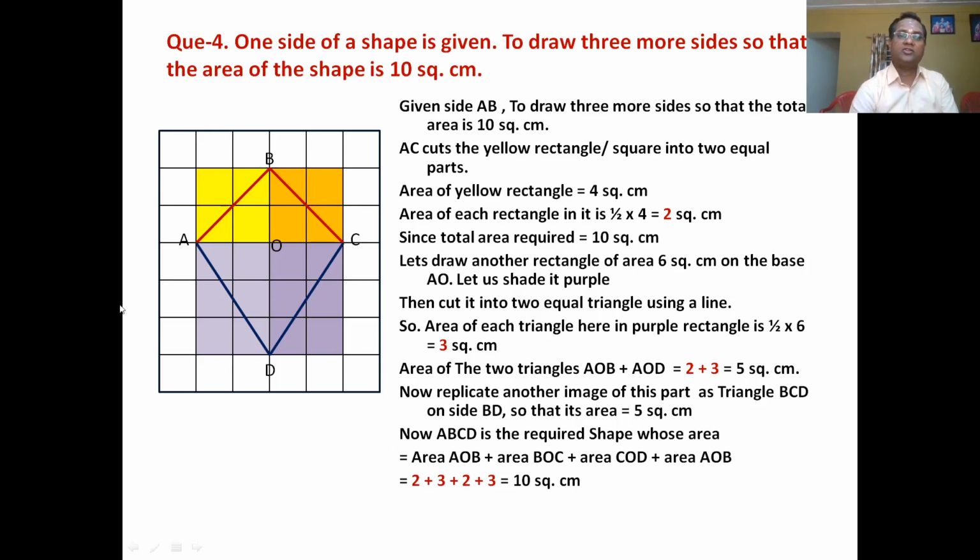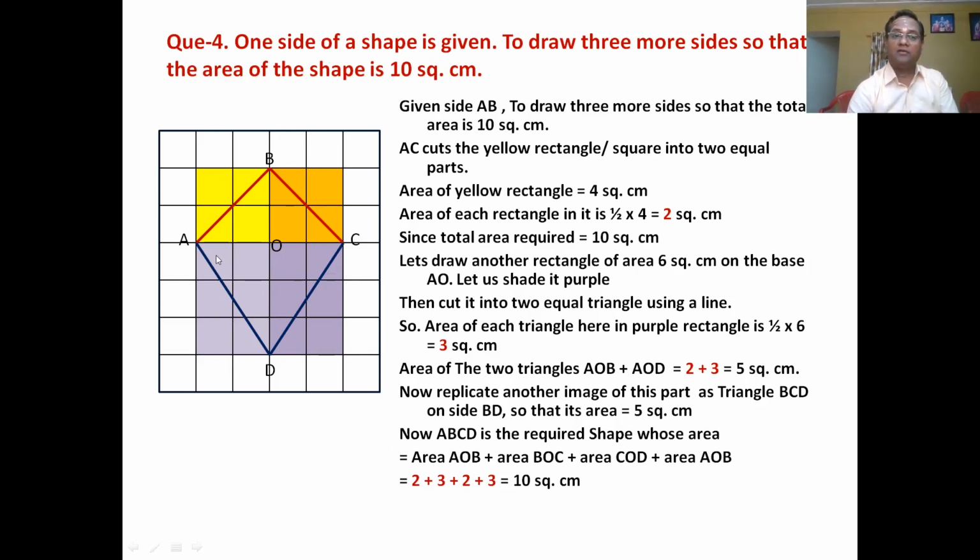So if I draw another rectangle on the base AO so that the total area of the rectangle is 6, then half of 6 makes 3.